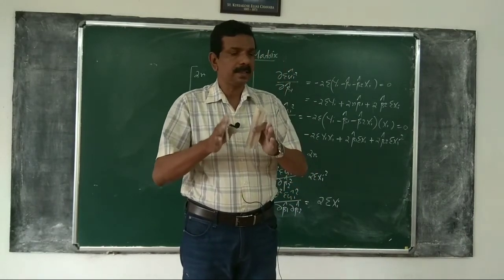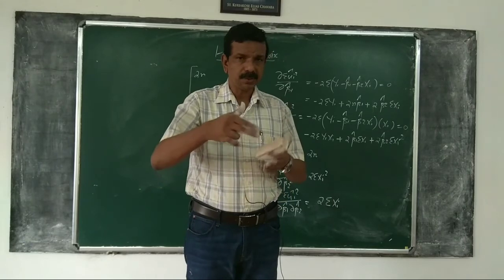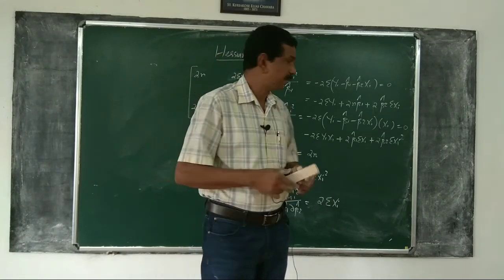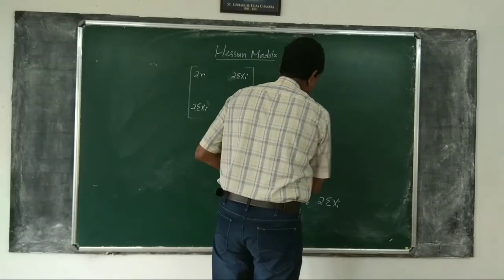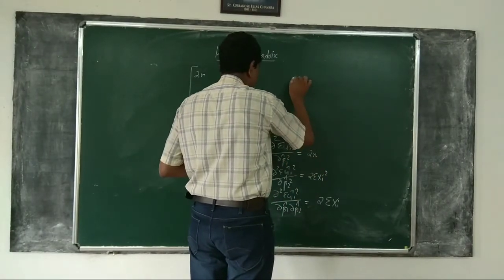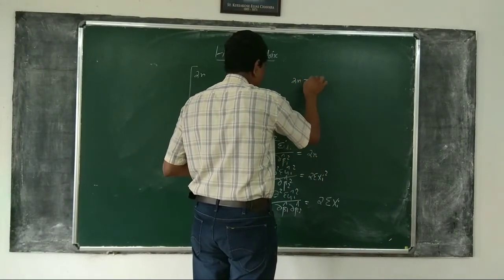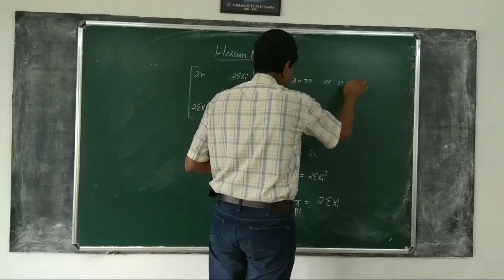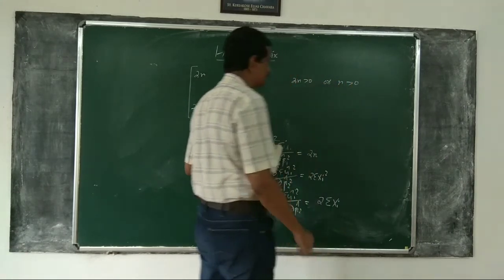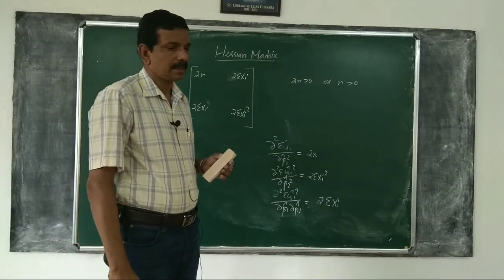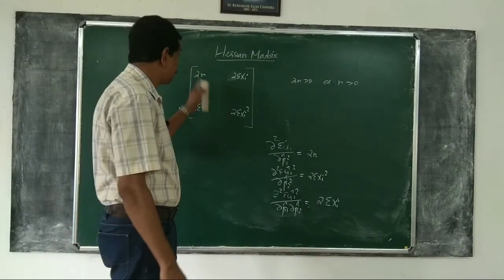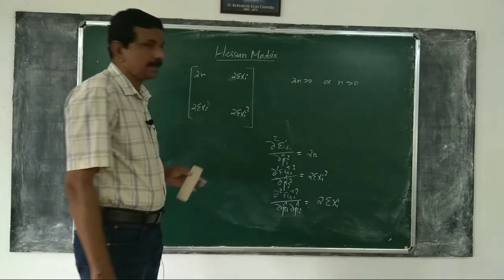The two conditions to ensure that this matrix is positive definite are, first, 2n greater than 0, or n is greater than 0. The second is that the determinant of the matrix is greater than 0.